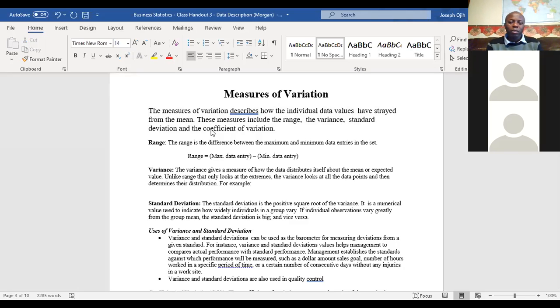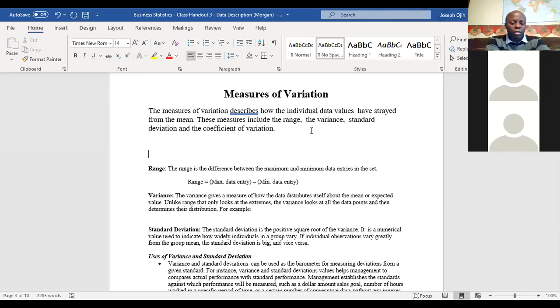But when you are driving up to 60 miles an hour, then you attract the attention of both the cops and other motorists. So the bottom line is: how far did the data value stray away from the mean? That's what we use these measures to estimate.